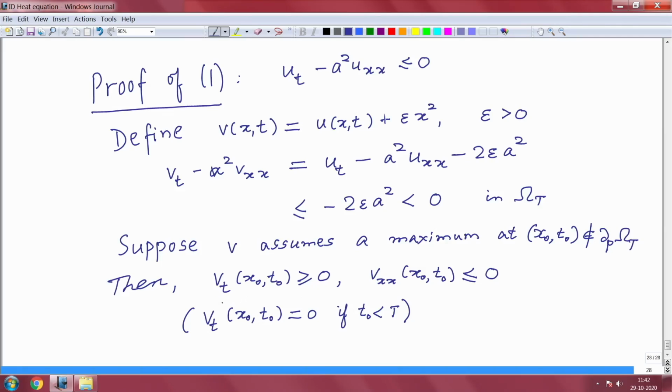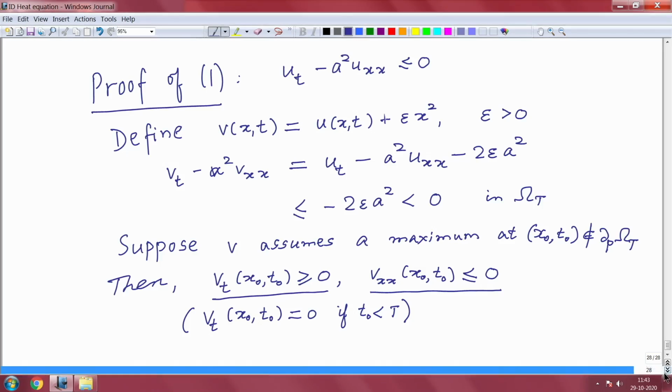Okay. So, at that point x0 t0 where we are assuming v takes a maximum which is not a point on the parabolic boundary, the first derivative with respect to t is non-negative and the second derivative with respect to x is non-positive. Okay. But then we get a contradiction.